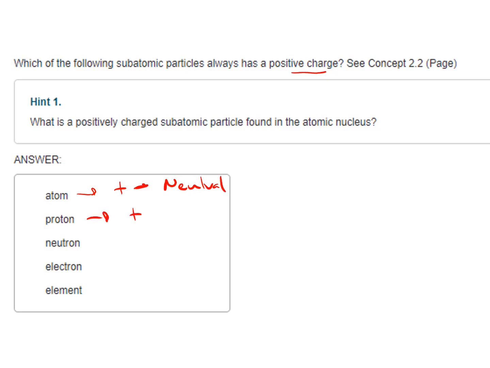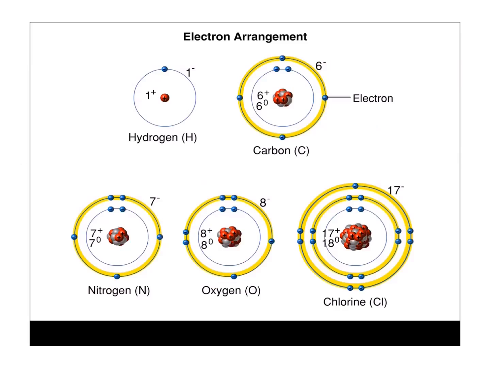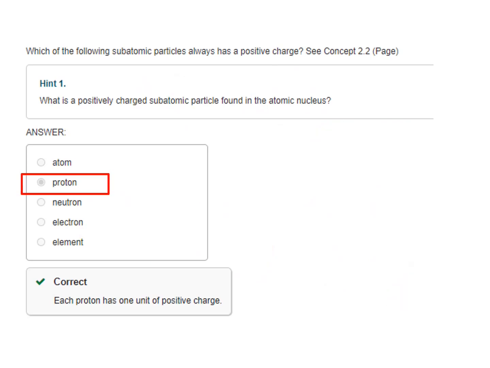Proton will be positive, neutron will be neutral, electrons will be negative, and the element will have all of them. So which one has a positive charge? And here again, electrons are the ones that are negative, protons positive, and the neutrons don't have a charge. So the answer will be proton.